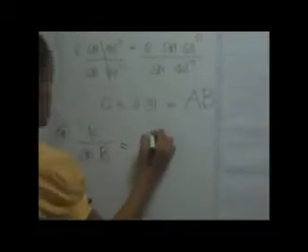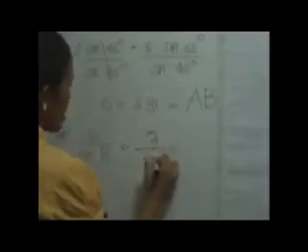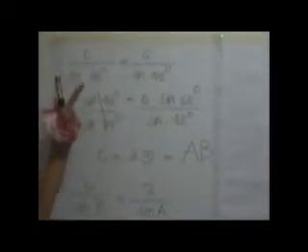Next, we need to find the measurement of side AC, which is the side B. So we will use this formula: B over sine B is equal to A over sine A. Or here we can also use the C. It's okay, we will have the same answer if we use this or this.